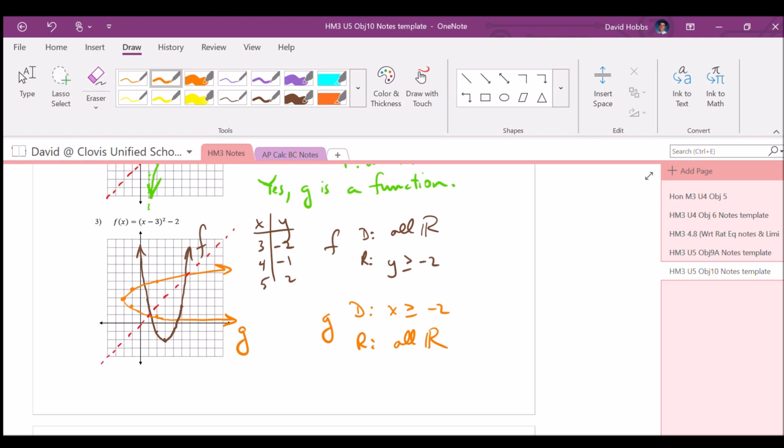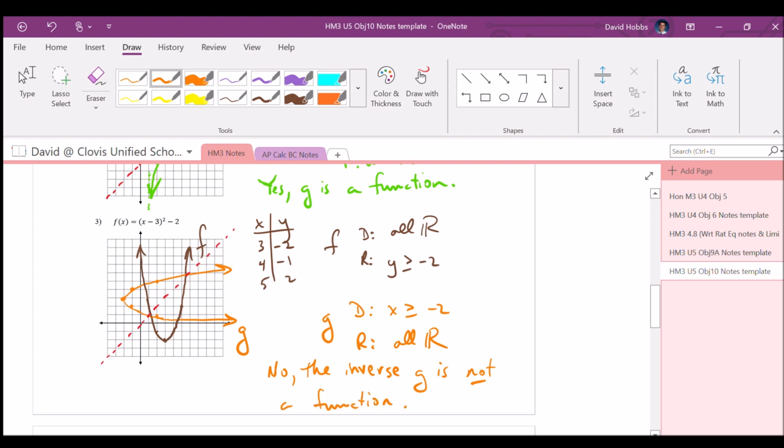And then is g a function? I think I mentioned that it was a function earlier, but if we look at it, g is obviously not a function. It would not pass a vertical line test. So no, the inverse g is not a function.